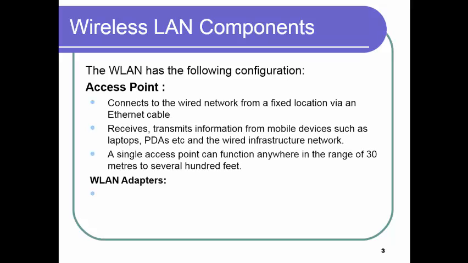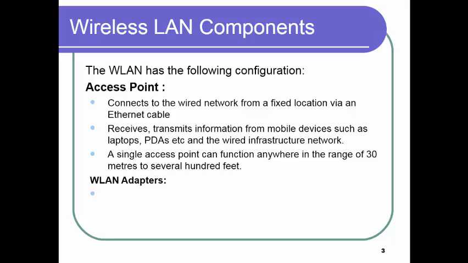This access point connects to the wired network from a fixed location via Ethernet cable. Usually the access point is connected with the backbone cable or network cable. It receives and transmits information from mobile devices such as laptops, mobile phones, PDAs, etc. and the wired infrastructure network.